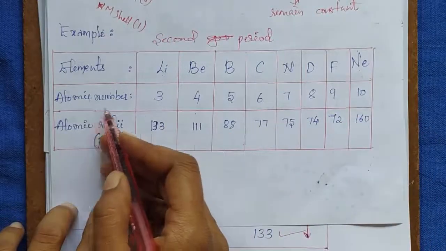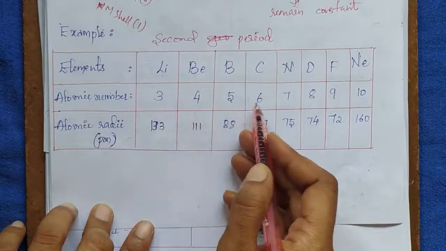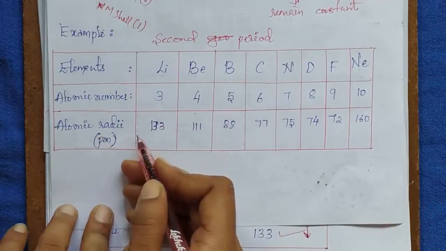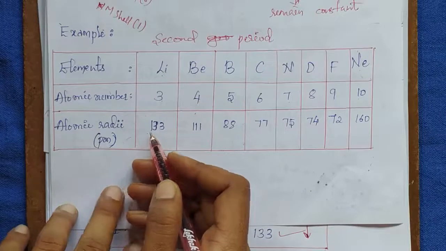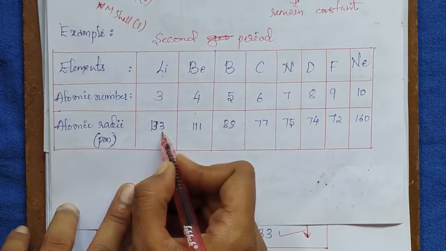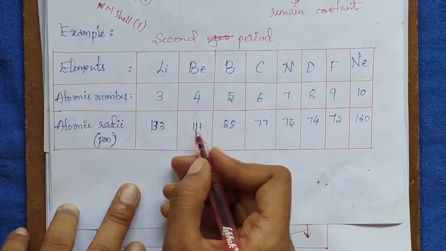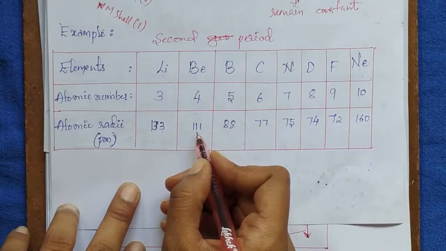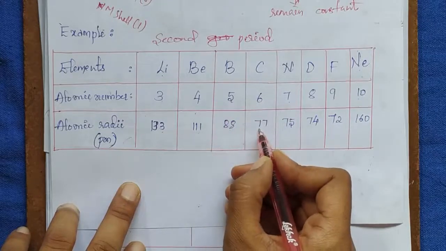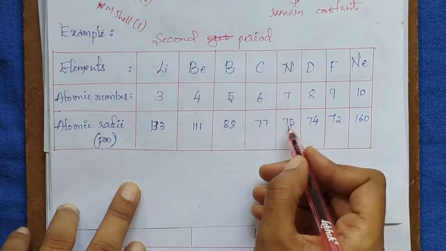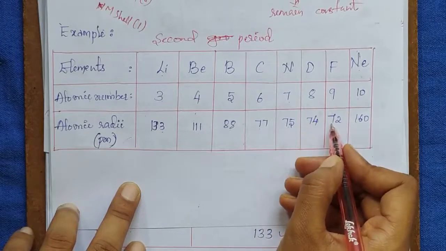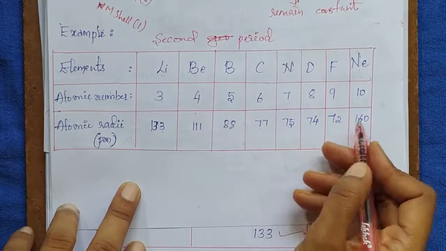You can see here atomic numbers 3, 4, 5, 6, 7, 8, 9, 10 and atomic radii in picometers. That of lithium is 133 picometer, beryllium 111, boron 88, carbon 77, nitrogen 75, oxygen 74, fluorine 72.